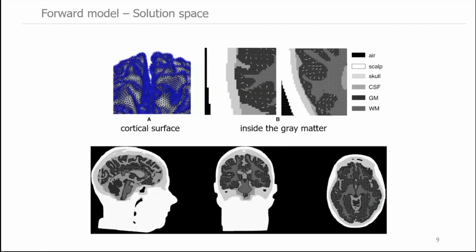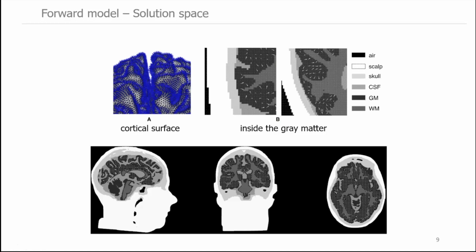Then you have your solution space. So the solution, the sources, where are they localized in the brain? They are in the gray matter, because the dendritic trees of the pyramidal cells are in the gray matter. Either you can model them as just a cortical surface, so you really model the bulges of the gyri at the cortical surface, or you say, okay, they can also occur from within the gray matter, and you can also have an orientation for every point that you estimate.